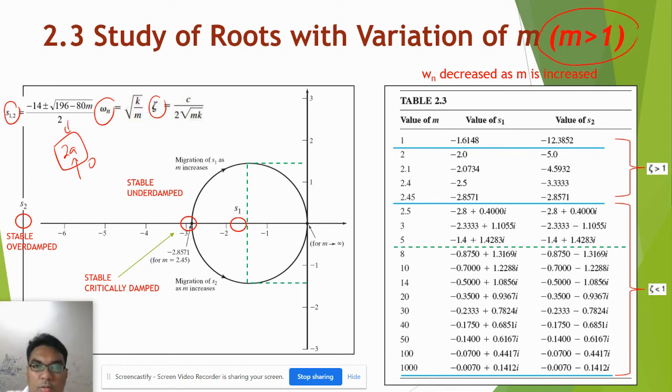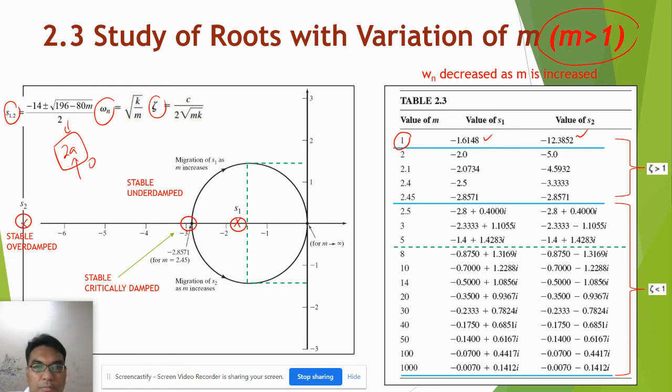By replacing the value with 1 here, you can get s1 starting from minus 1.6, and the pole s2 starting from minus 12.